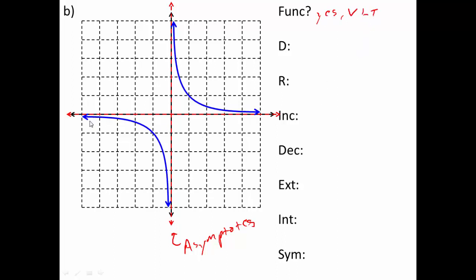Alright, so domain, I see this arrow going to the left forever. I see this arrow going to the right forever. So I see almost every single x value being used except where that asymptote occurs. There we have an asymptote at x equals 0, so I can say the domain is all values except x equals 0. Now I can write that domain in either interval notation or set notation.